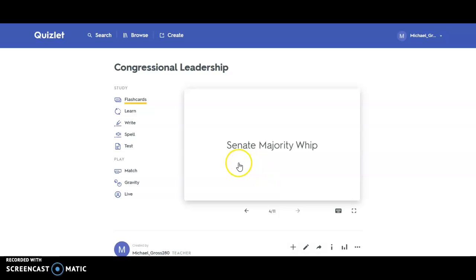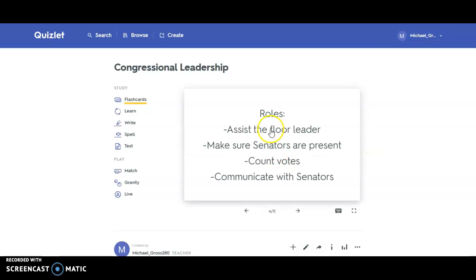In the Senate, each party has their own whip. So the Senate majority whip, again, means that they have more people. So this will be a Republican for right now. And their role is that they assist the floor leaders. So they just help them out. They go around and communicate with all the different senators, make sure that senators are present when there are debates going on, and then they go through and count votes.